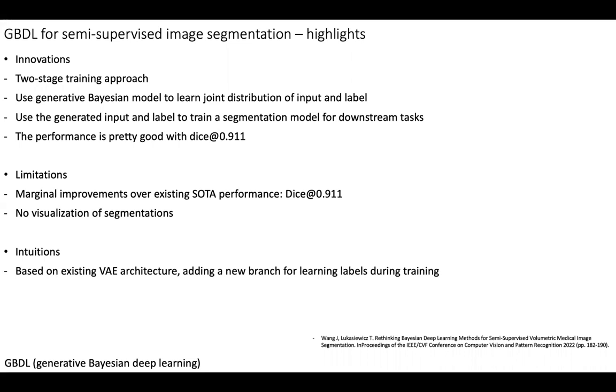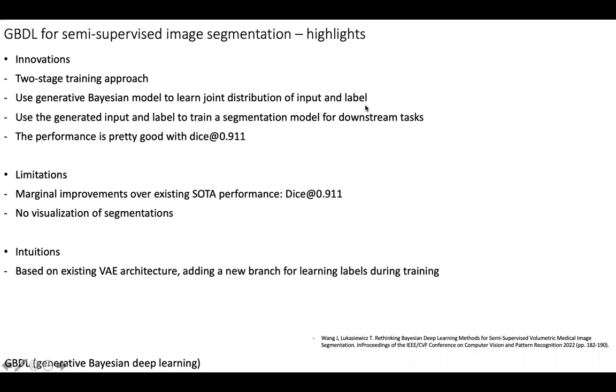And the limitations include, firstly, it only achieves a marginal improvement over existing state-of-the-art performance, and it does not show any visualization of the segmentation result. The intuition behind the approach is that, based on the existing variational autoencoder architecture, a new branch is added for learning labels during the training process.